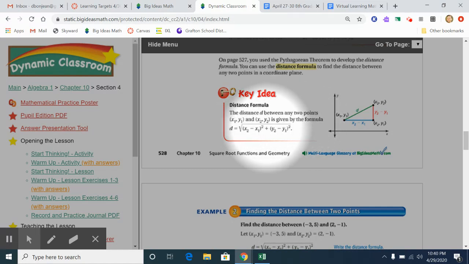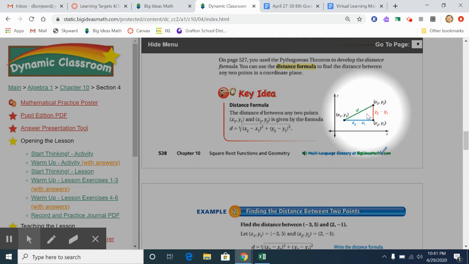So we can find the distance between any 2 points using this formula right here. The distance equals the square root of (x2 minus x1) squared plus (y2 minus y1) squared. They give you a diagram over here of how this works, but we're just finding the distance between 2 points in a coordinate plane.